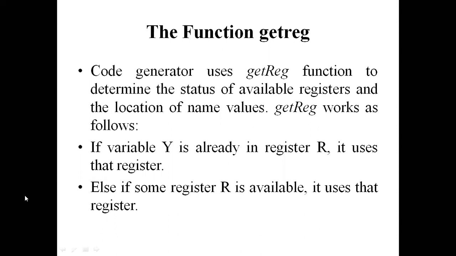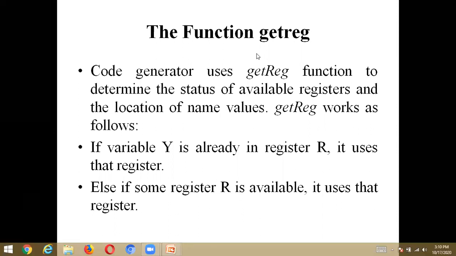And the location of name values means how much memory we allocated for the name values. These two pieces of information we need to determine, and for that we are using the get register function.